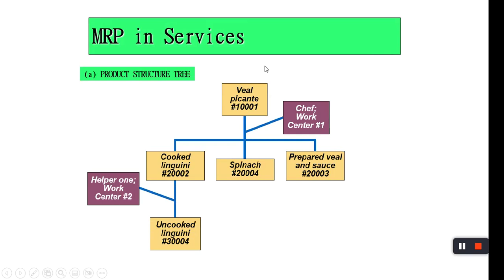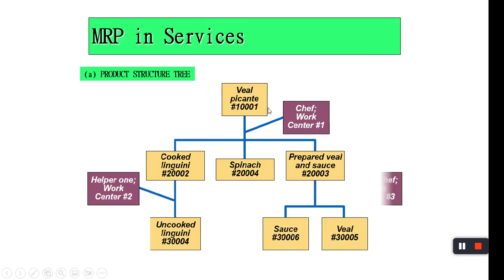Okay, so let's have this example. For example, in a restaurant, one customer has placed an order for a veal picante. I don't know how to pronounce this correctly, but yes, it's veal picante.